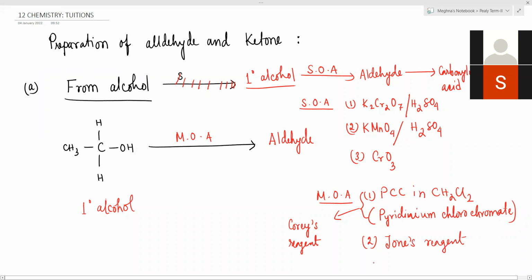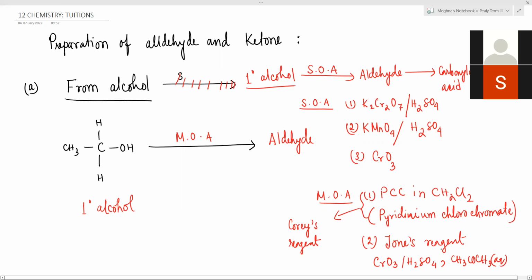Now, what is Jones reagent? Jones reagent is CrO3, chromic anhydride, in presence of H2SO4, and this must be present in acetone, aqueous acetone.